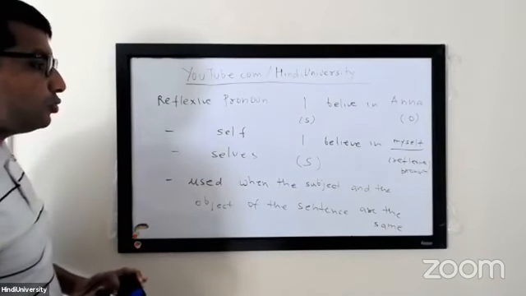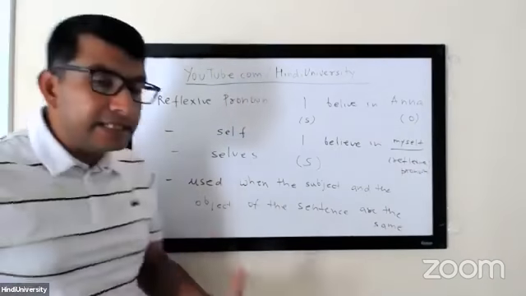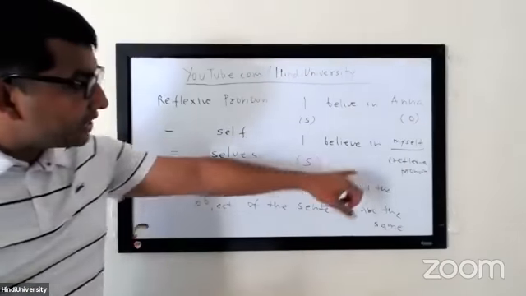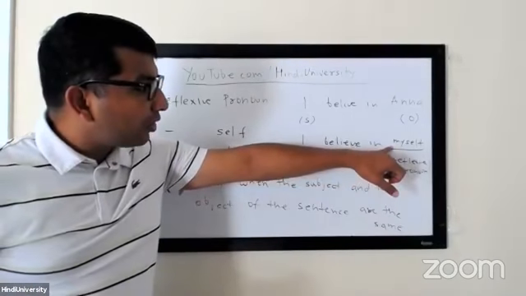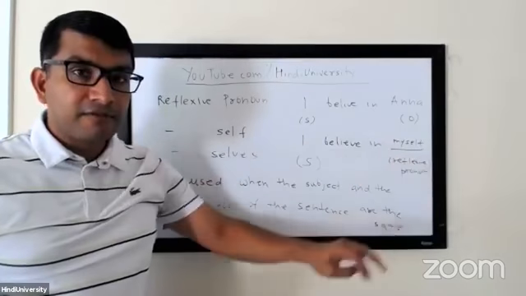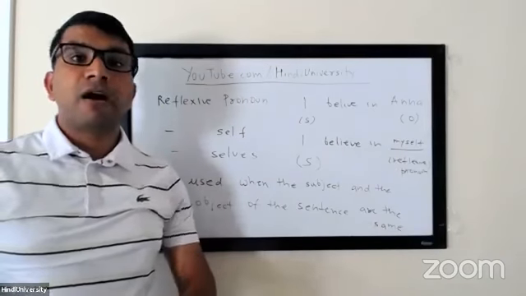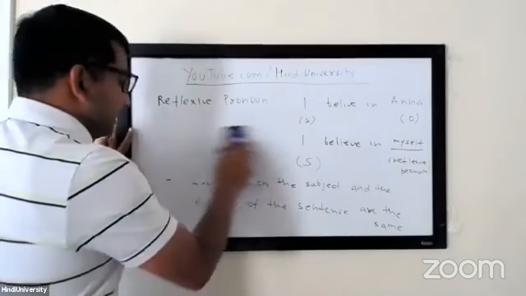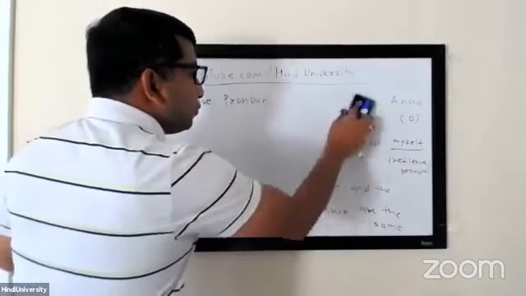Now let's see what we use in Hindi for reflexive pronouns. In English, if you think about it, all of them are different: myself, himself, herself, ourselves, themselves. In Hindi, there are a few ways to say this.